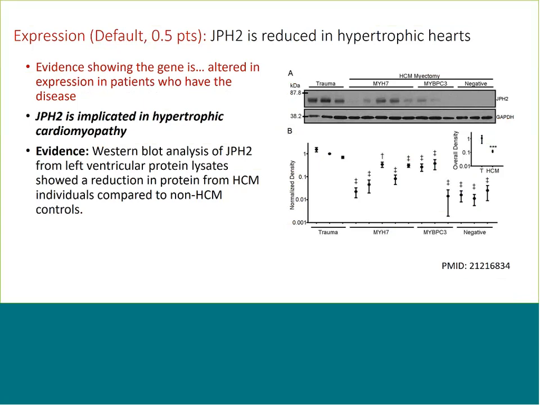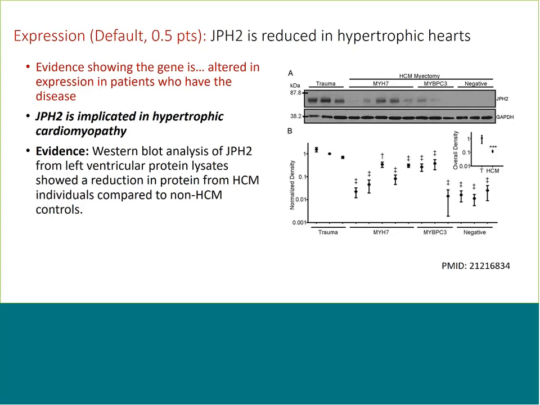In the graph on the right, the 3 samples on the left are from our controls. These are from heart samples from people who died of a non-cardiac issue. The ones on the right are samples from myectomies from patients that had hypertrophic cardiomyopathy. A few of the samples are from patients that had a MYH7 mutation, some had a MYBPC3 mutation, and several were negative.